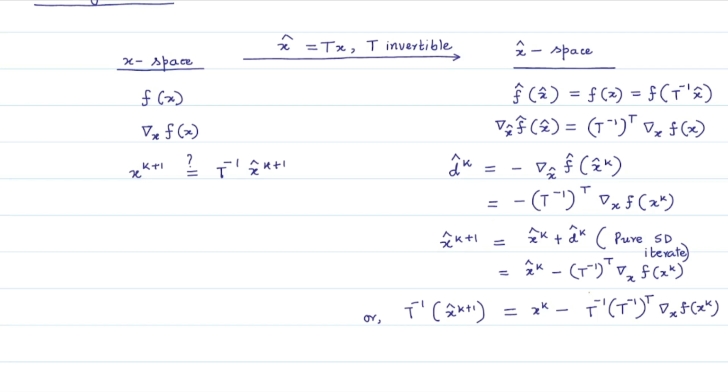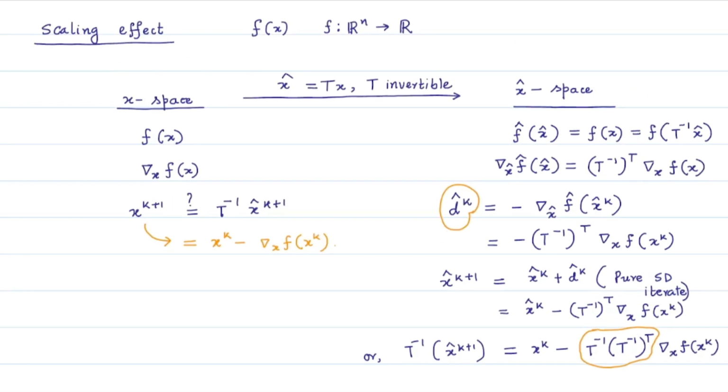And due to the appearance of this expression, we notice that this T inverse xk plus 1 hat is not equal to the xk plus 1 in the x space. That is, it is not equal to xk minus gradient of f at xk. And thus the steepest descent method is dependent on the transformation of variables.